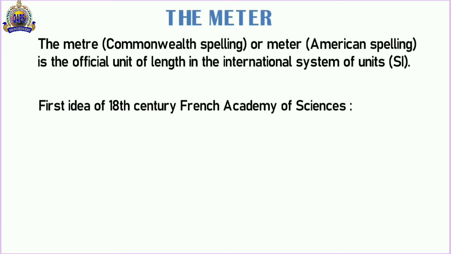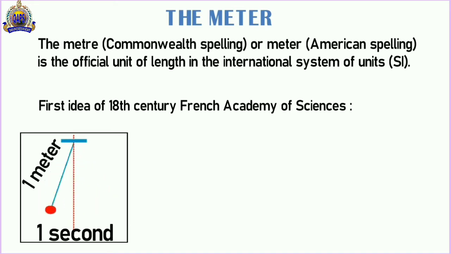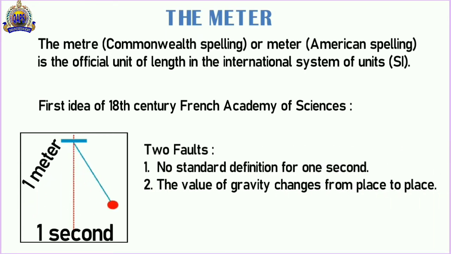In this academy they defined how you can define a meter. They gave a concept about the pendulum: if we take a pendulum, it takes a time to go from one side to another, and the distance covered in this period was called 1 meter.